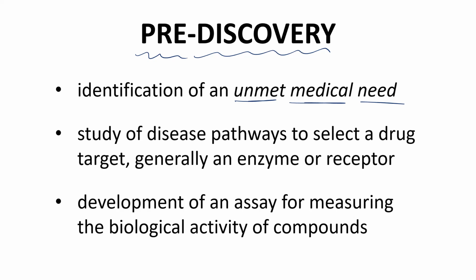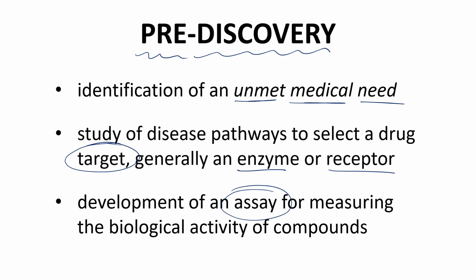The preliminary research normally identifies a specific target, usually an enzyme or receptor, that will be bound by the new drug. Finally, analytical methods for quantifying whether a compound is affecting the target will need to be refined. These analytical methods represent an assay for measuring compound activity.